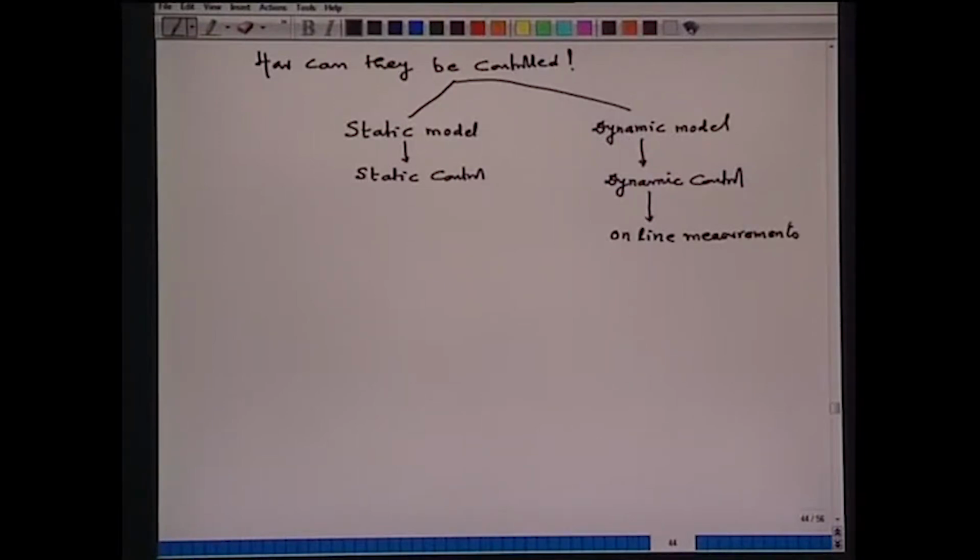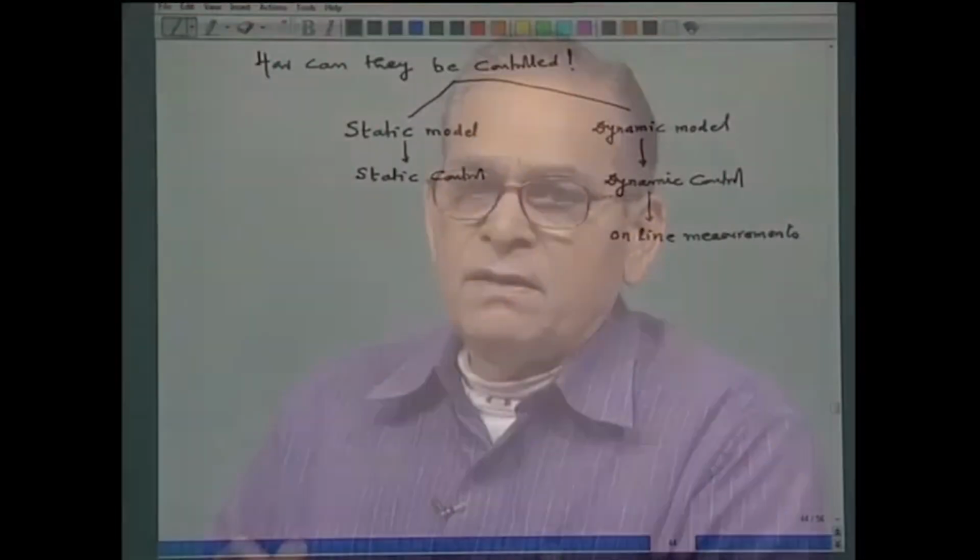The essential difference between static control and dynamic control is that of time. In the static model, or in static control, the corrections cannot be taken online.